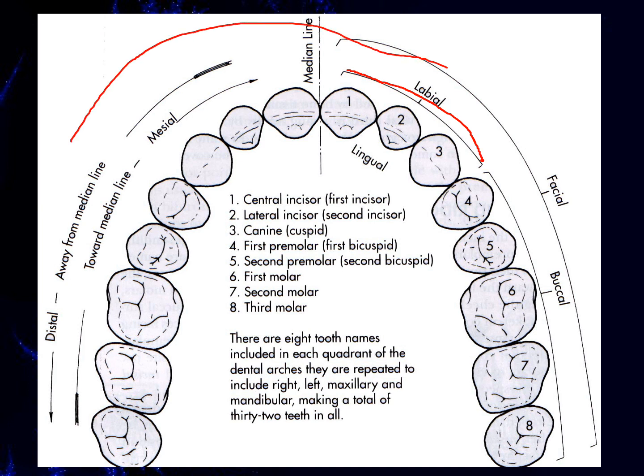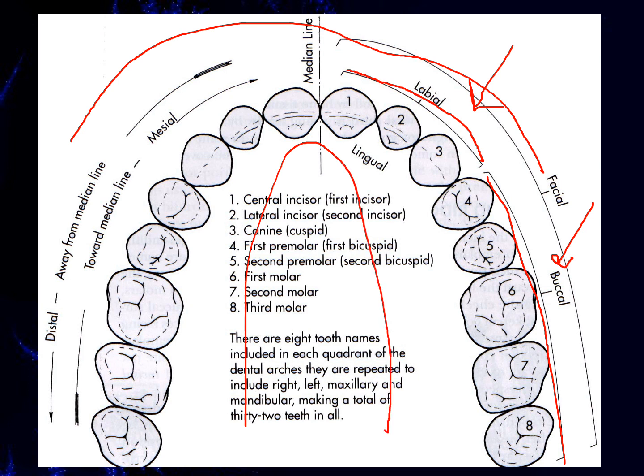Here should be the lip, so this surface is called the labial. In the posterior teeth, the premolar and molar, they are opposing the cheek, so we call them buccal. Here is the tongue, so these surfaces are called lingual.